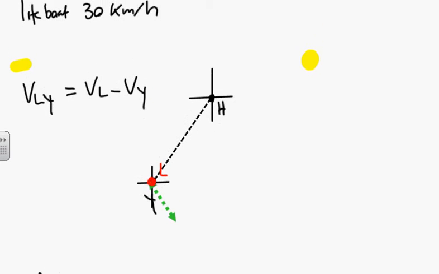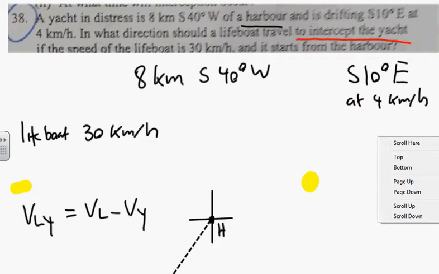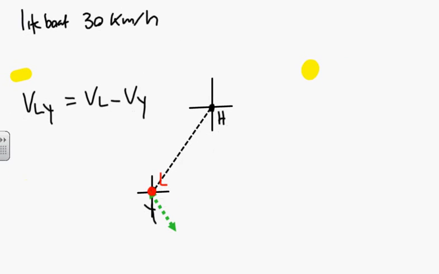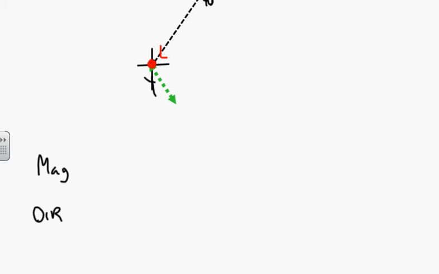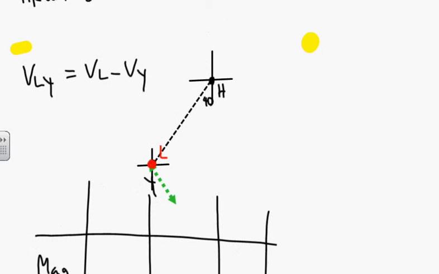What angle do I already know? I already know that it's south 40 degrees west. I know that's 40 degrees there. Okay? So I'm going to do magnitude and direction, and what I always do is I always adjust that formula. So I adjusted that it's V_L equals V_LY plus V_Y.